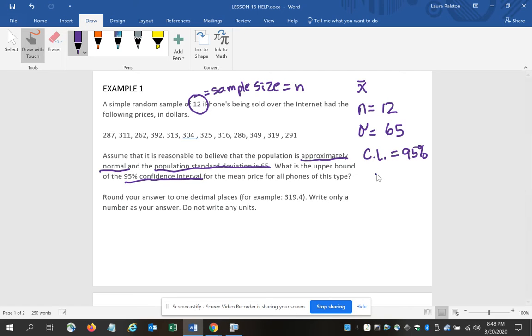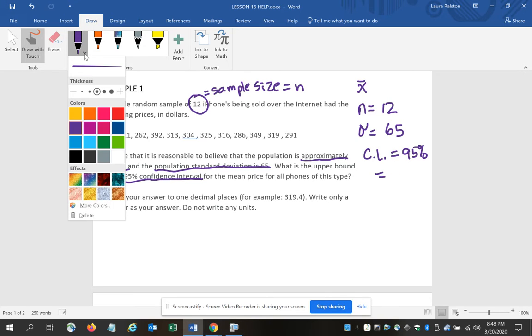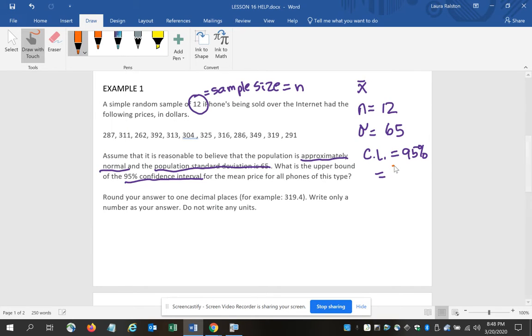Now, I believe when you go to enter 95% into the calculator, you need to write it in decimal form. So just to remind you, to convert a percentage to a decimal, you would do 95 divided by 100, which is 0.95.